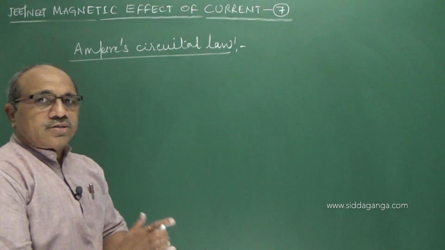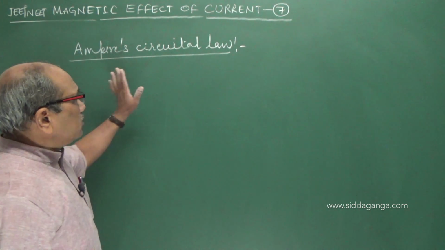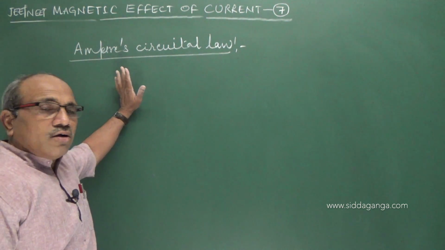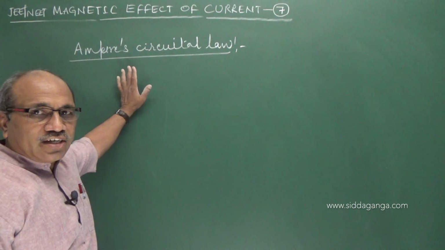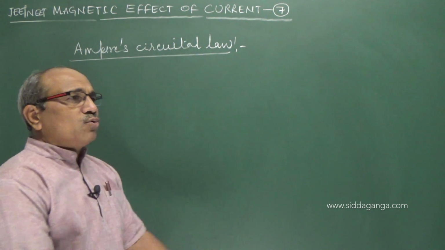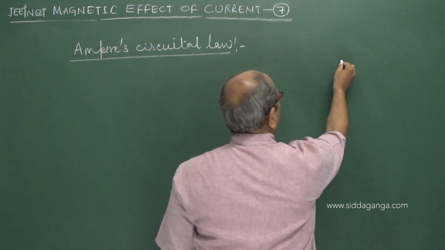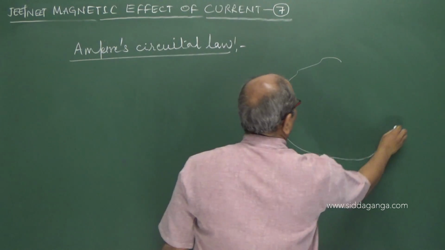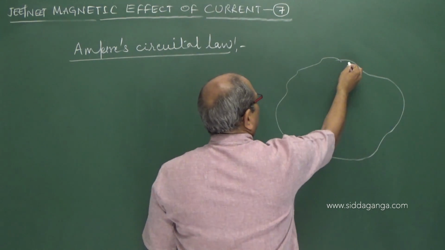What is this? It is analogous to the Gauss law in electrostatics, where we have considered a closed surface. Here I am considering a closed loop. I have taken a closed loop here.